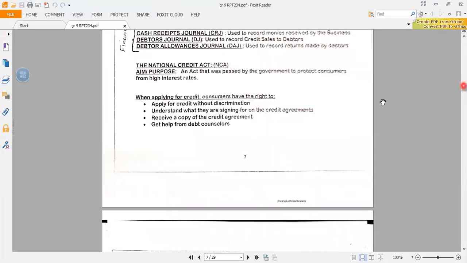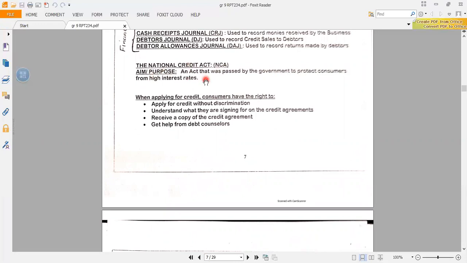Right. Now I am going to discuss legislation that was introduced by our government years ago. The main aim of the government in introducing the National Credit Act, called the NCA, was to protect consumers from high interest rates.